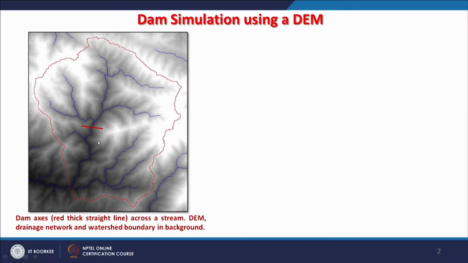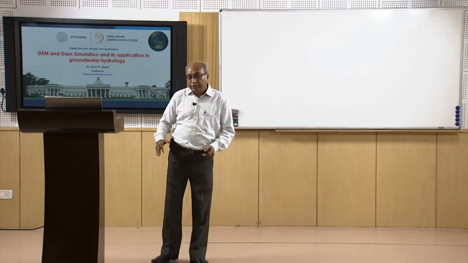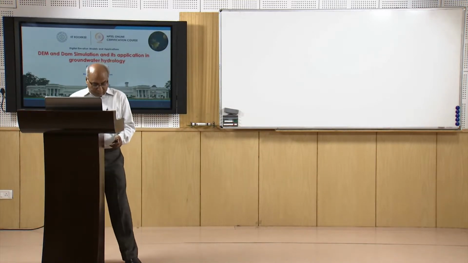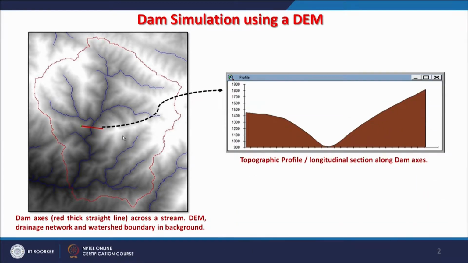I can change to other directions, but as you will see, it is not really required to change too much, because after all we are going to use this digital elevation model for dam simulation. So it has to fill the water, and therefore in this particular example we will keep this dam axis like this.